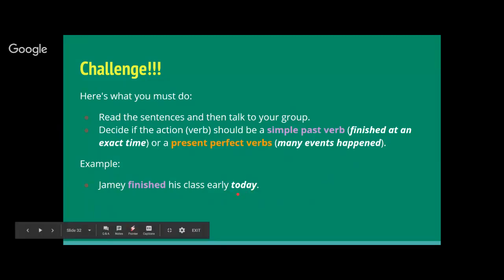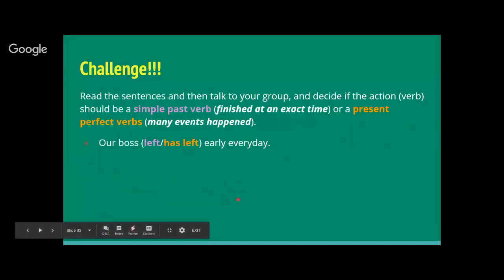All right. Let's go on to the next one. All right. So take a look at this sentence. Our boss left or our boss has left early every day. So I'll give you 30 seconds to think about this.